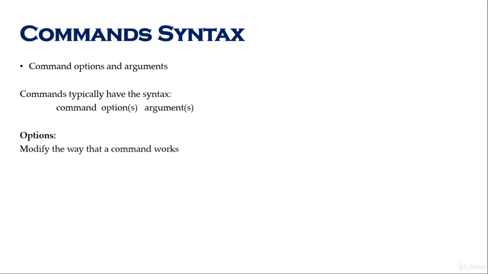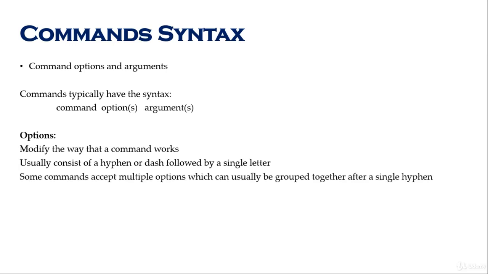Now, what are the options again? It modifies the way that a command works. It usually consists of a hyphen or dash followed by a single letter. Some commands accept multiple options, which can usually be grouped together after a single hyphen. And what are the arguments?